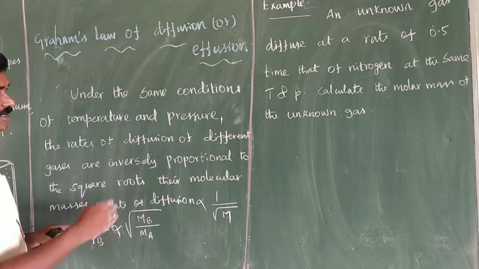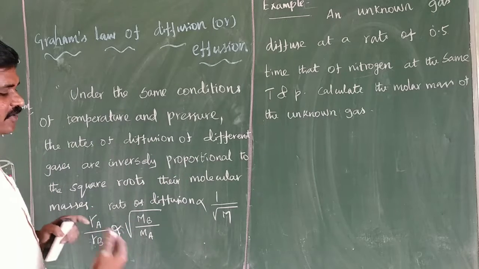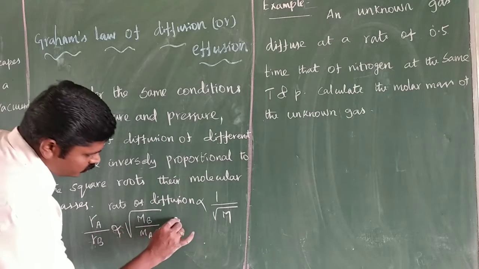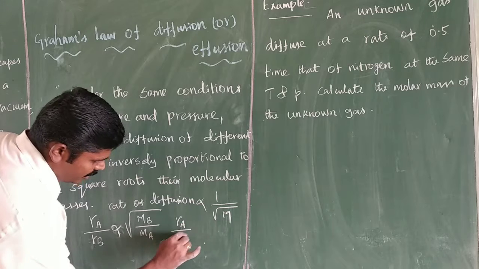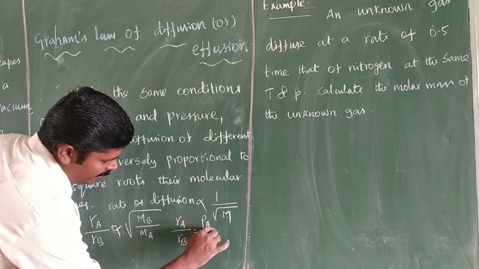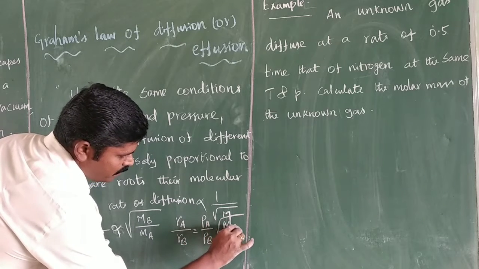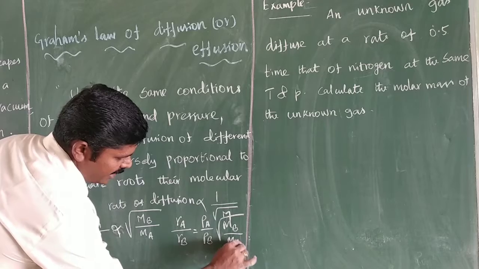But if the pressures are different, the condition changes. For different pressures, Ra divided by Rb is equal to Pa by Pb times the square root of Mb by Ma.